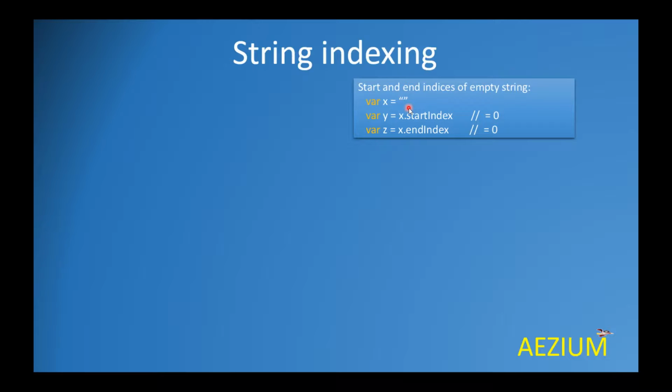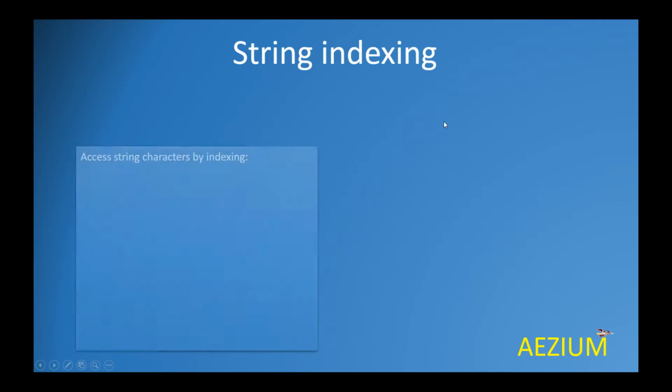One important thing to remember is that in the case of empty strings, startIndex and endIndex will both generate the same value, and in this particular example we would be having the same value of 0. So they are equal.